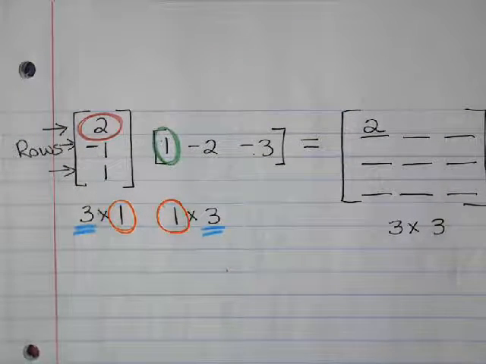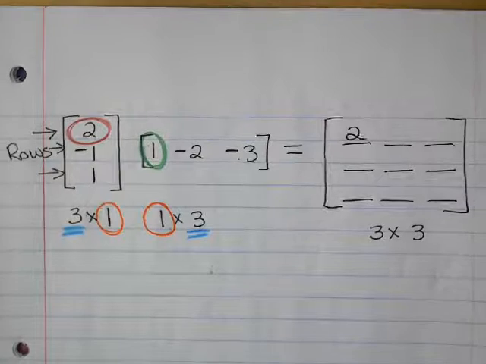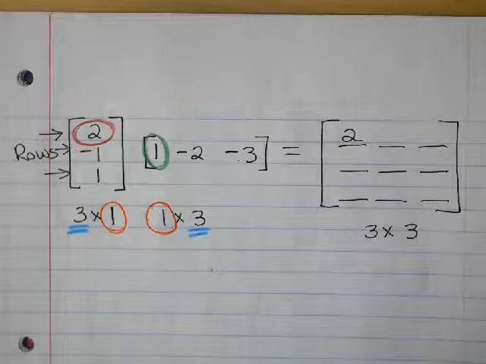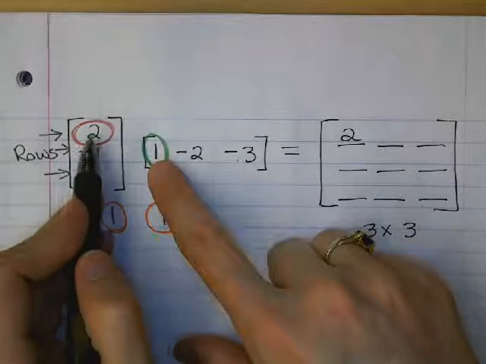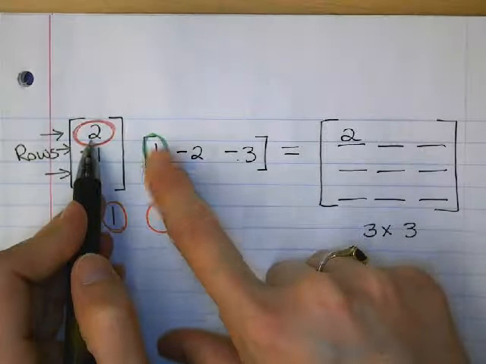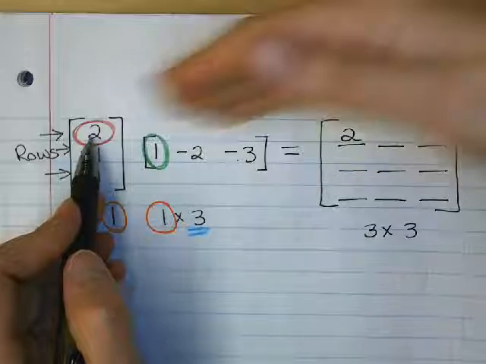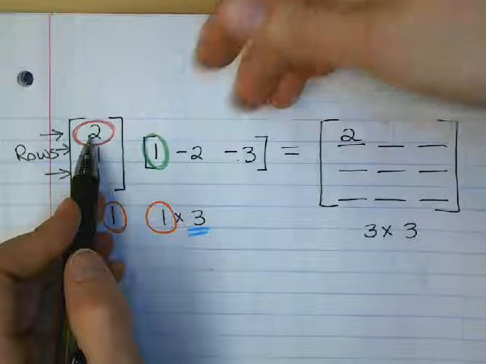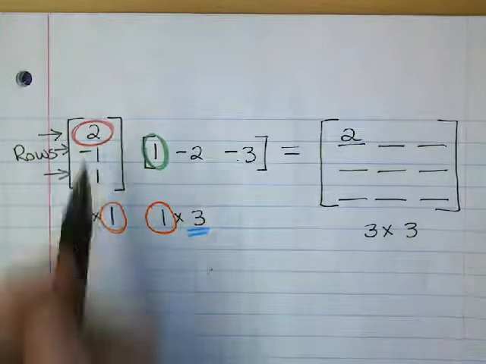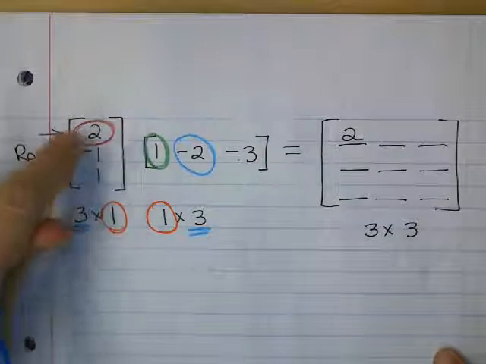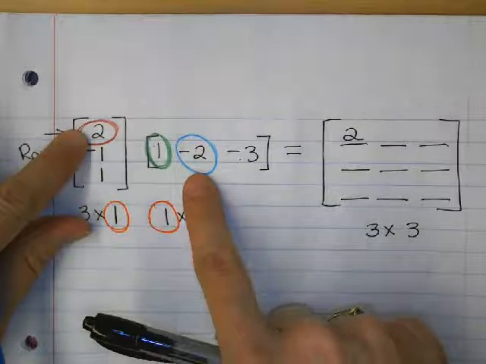This one, you might find it simpler because you don't have to add stuff. You don't have to move your hands across like I did on the other one. It's just this times this. So that's 2. Now try to realize you have to stay on this top row until you've done all the columns with it. So I'm still on the top row, now I just go to the next column, this blue one I circled.